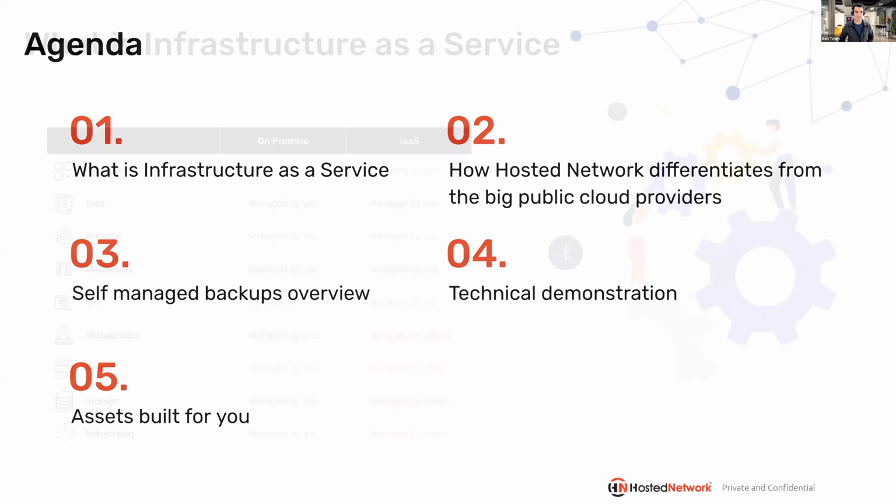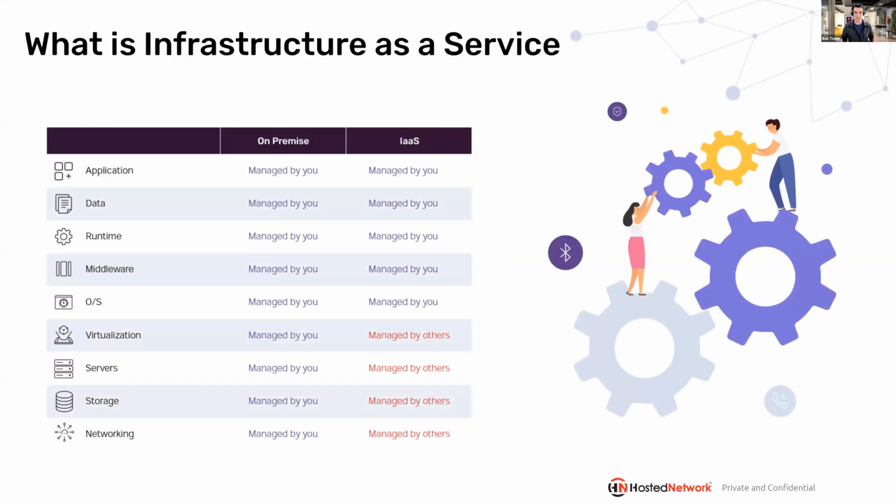So first things first, infrastructure as a service, what is it? Most of you are going to be familiar with Azure or those sort of bits and pieces. Basically, it means that you're purchasing compute resources as a service, where on premise you're responsible for everything: the networking, the storage, the compute, absolutely everything. If a disk dies, you're responsible for it. With infrastructure as a service, we take care of all of the hardware components, right?